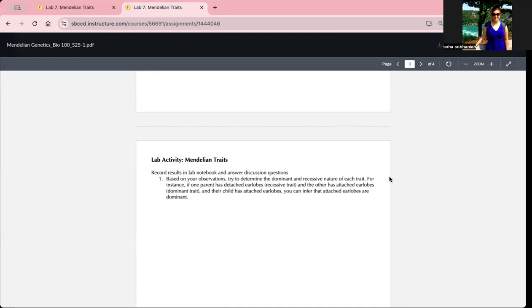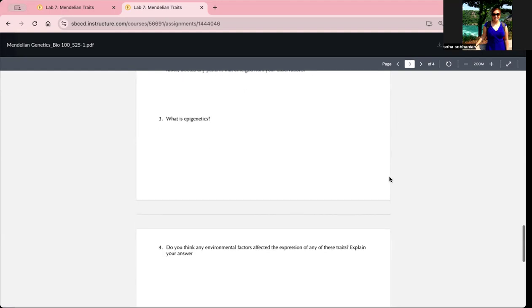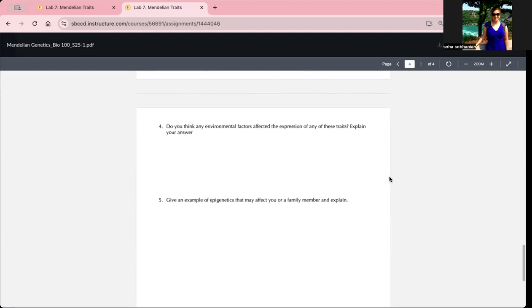If you have children, you can track and trace those traits. And again, based on those observations, answer the questions that are listed here.